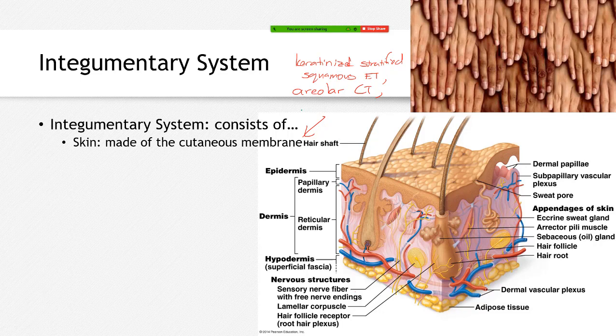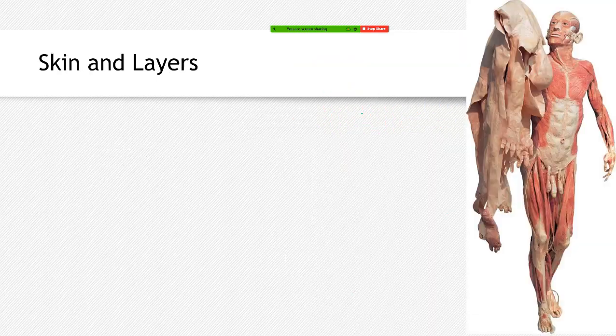Yeah, it was dense irregular connective tissue. Very good. Okay. So all this is going to be making up this cutaneous membrane here. Here are all the other accessory organs regarding the integumentary system, whether it's hairs, nails, and also these glands that we'll be talking about.